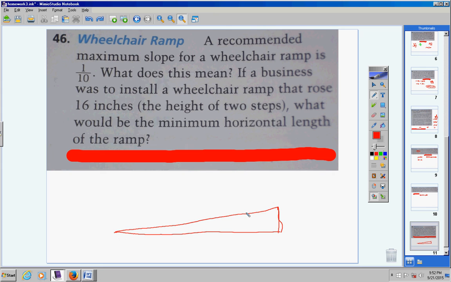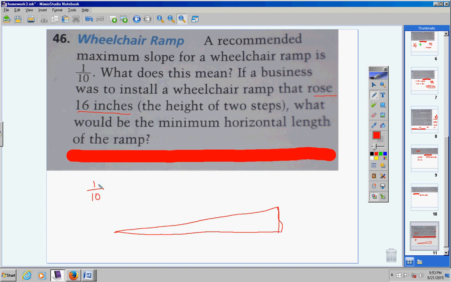Now think about this for a second. Let's set this up. We start off with our original slope, your rise over run. Your business wants to install a wheelchair ramp that rises 16 inches. I'm not worried about the inches right now, just 16.